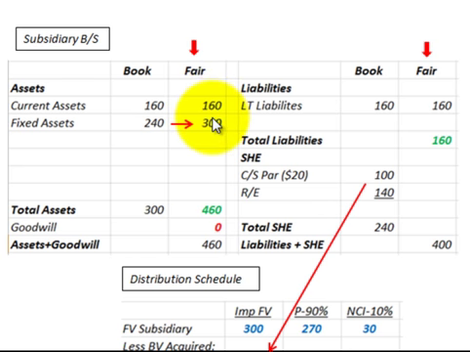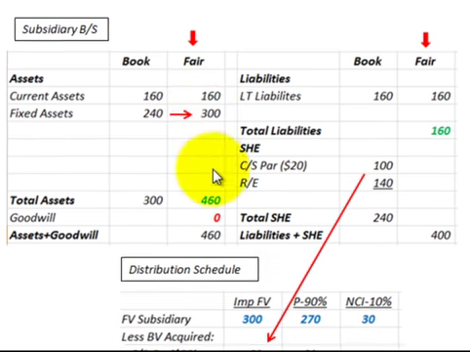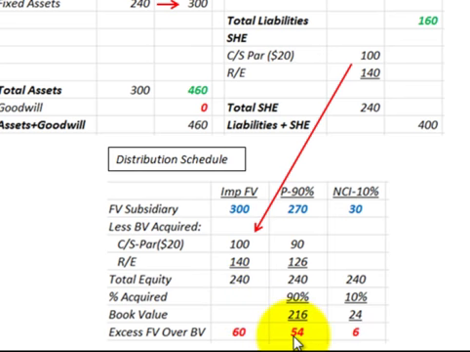So after we make all our adjustments between the book value and the fair value on our consolidation worksheet, then we have to account for the distribution, going back to our distribution schedule, between the parent's amount and the non-controlling interest. And those would have to go onto our worksheet as well.